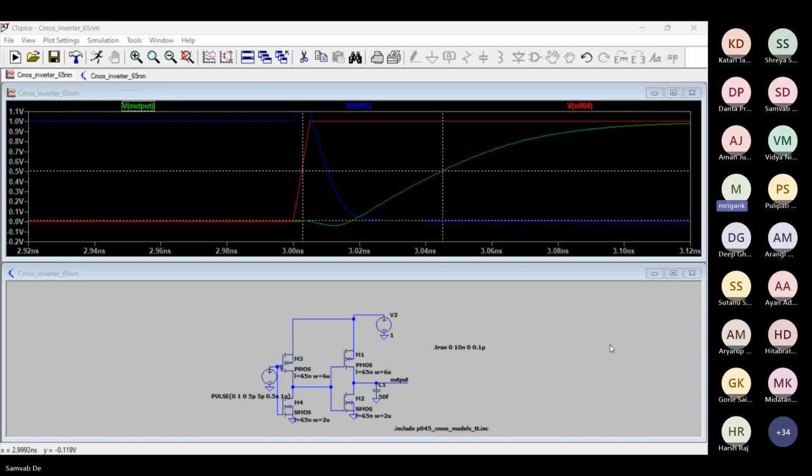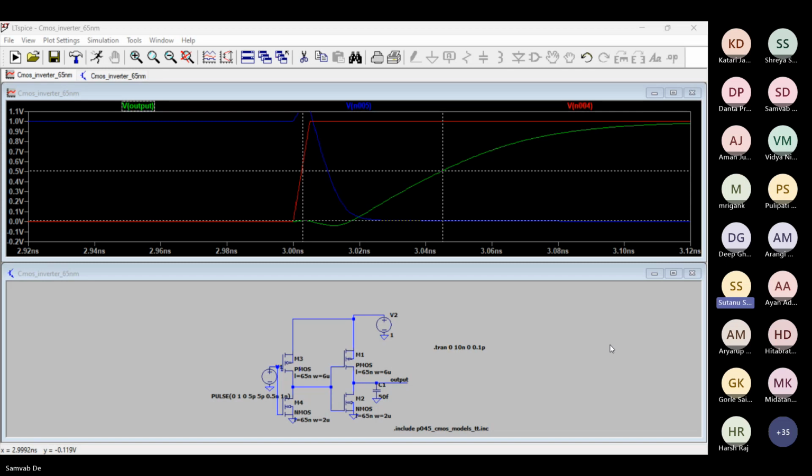The delay between input signal and output signal, using that cursor, you can calculate. Would anybody like to mention what the factors are on which this delay will depend? We have already seen all this simulation, so we should have the answer.